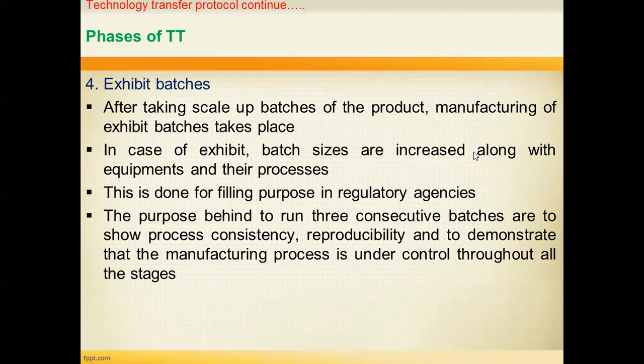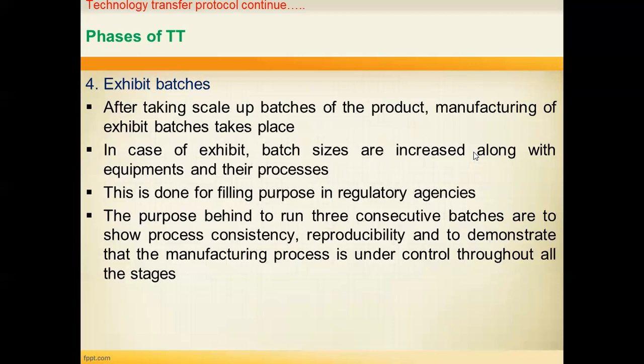Their process parameters. And these exhibit batch reports are required for filing with the regulatory agencies because it is representative of your final batch. So that's why it is required for the filing for regulatory approval. And the main purpose of preparing the exhibit batch is to run 3 consecutive batches, which can show the process consistency.